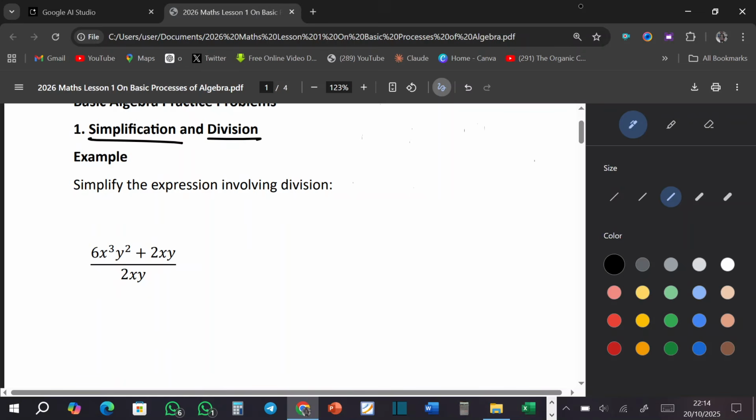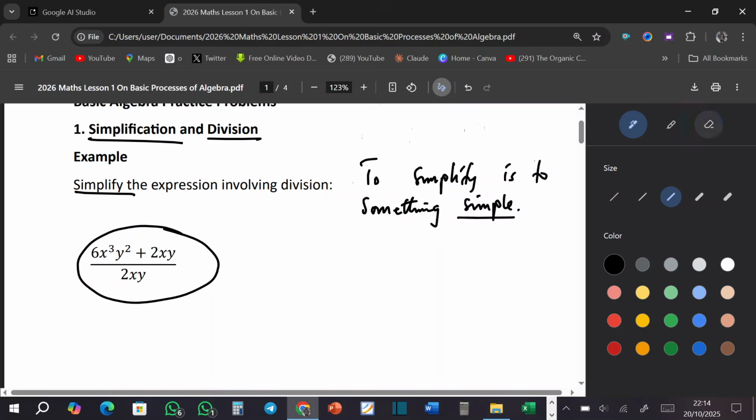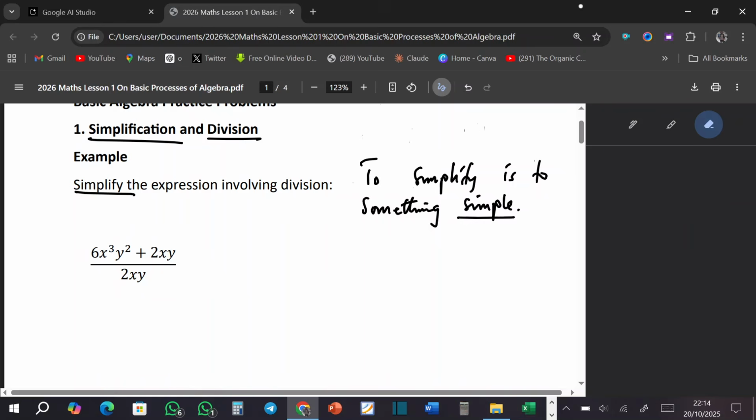If they are saying simplify, to simplify is to make simple. Something was complicated, you make it simple. So like this equation or expression is complicated, you make it simple.